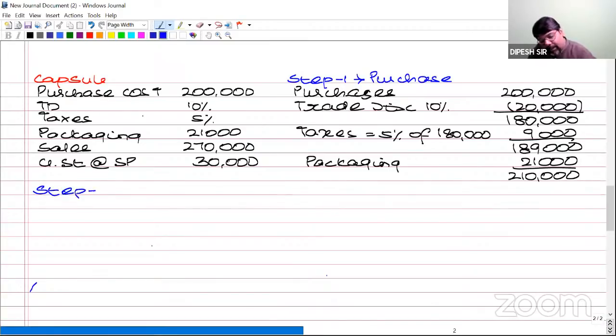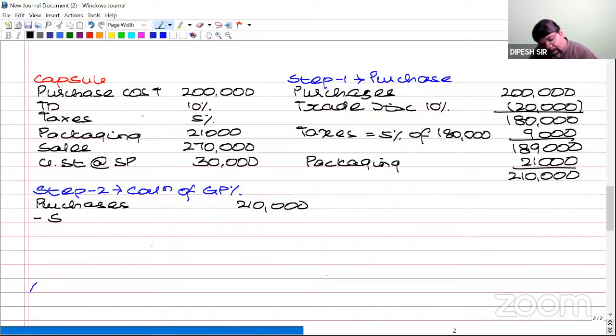Step 2, chartered. Calculation of GP percent. Purchases is how much? 2,10,000. Purchases sold part is how much? Sold at selling price 270. Unsold at selling price 30.